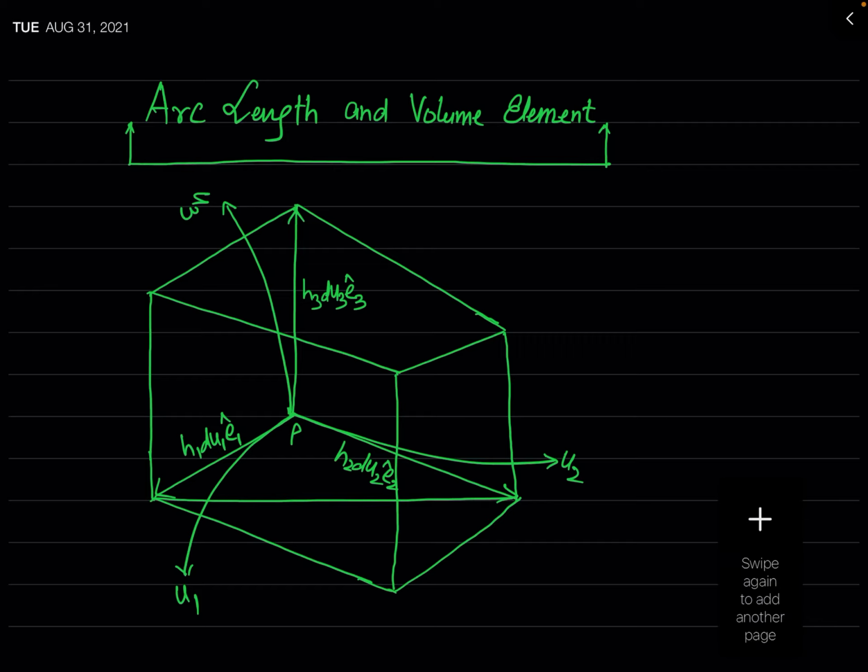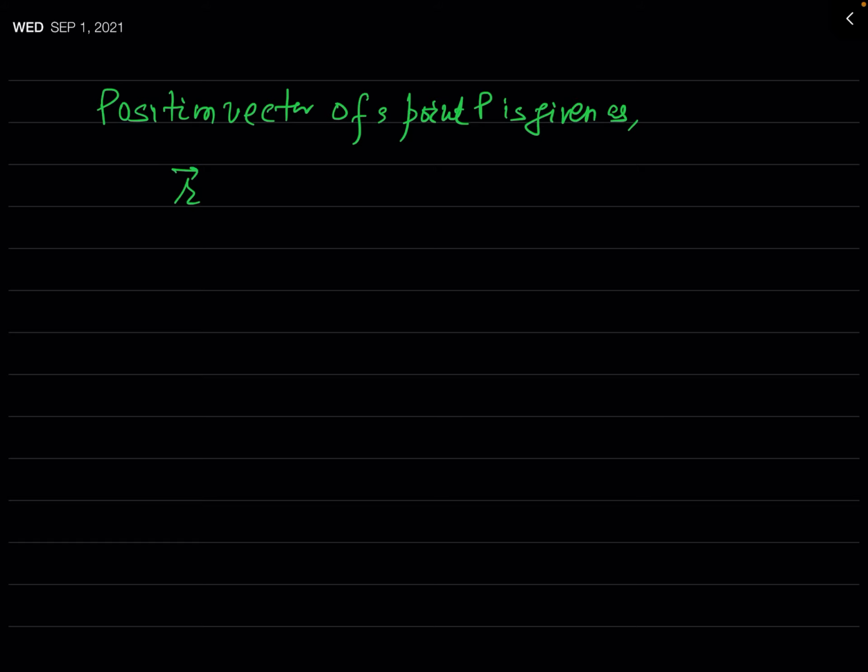In this condition, we have a transformation equation for the position vector r of the point P. You have seen this transformation equation in the earlier lecture, that r is given as r as a function of u1, u2 and u3, where u1, u2, u3 are the curvilinear coordinates of the point P.